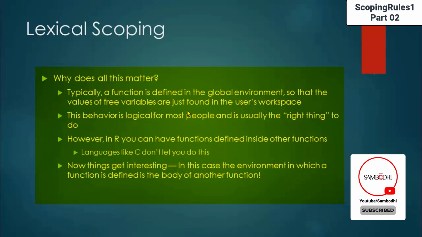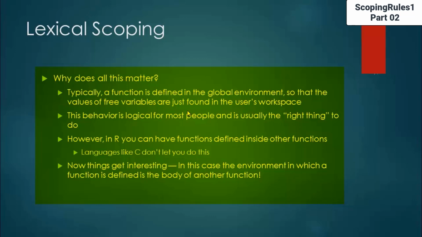However, in R programming, you can have functions defined inside other functions. In C++, the main function contains other functions, but in R programming you can have any number of functions within any function. C doesn't allow you to do this.